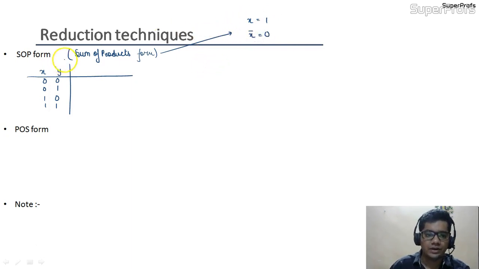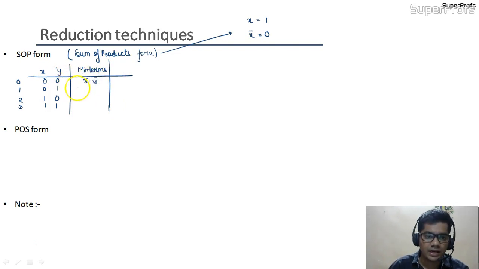So for xy, the decimal equivalents would be 0, 1, 2 and 3. The possible minterms for this two input combination, what would they be? The first would be x bar dot y bar.